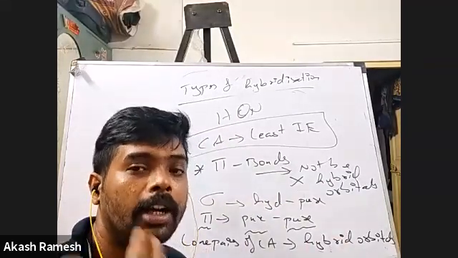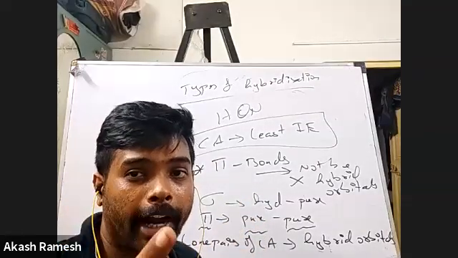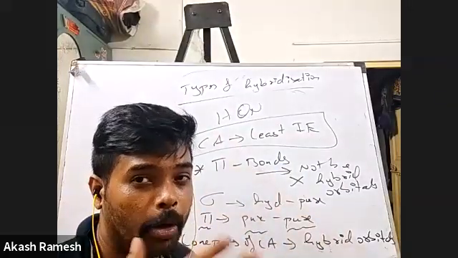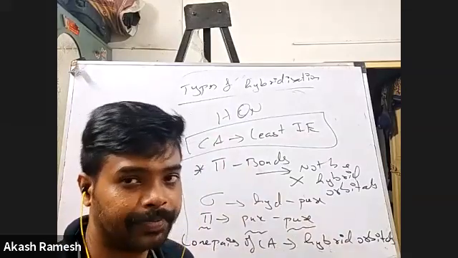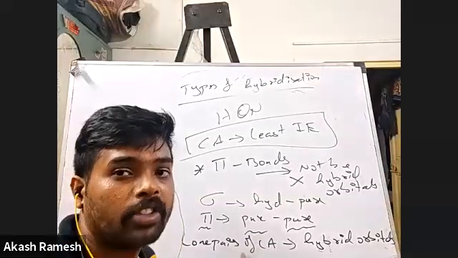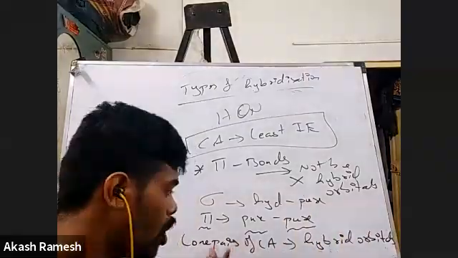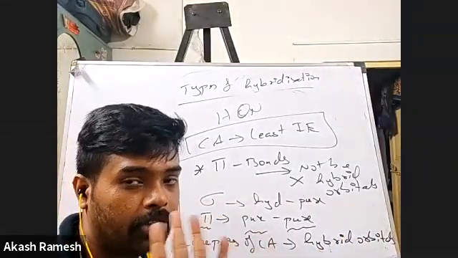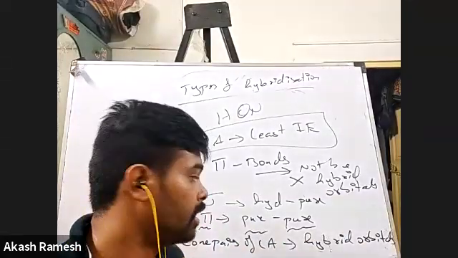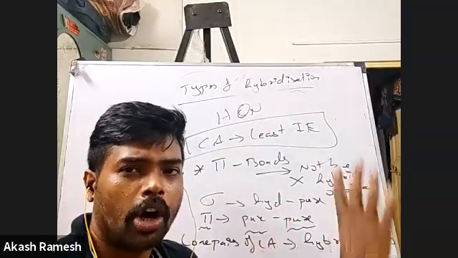You do hybridization only for the central atom, not the bonding side atoms. Lastly, the lone pairs on the central atom, not on the side atoms, must be placed in any one of the hybrid orbitals of the central atom. So these are all the rules.